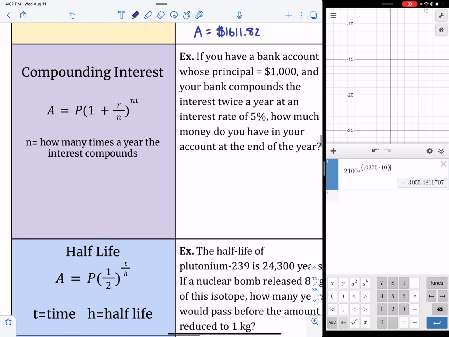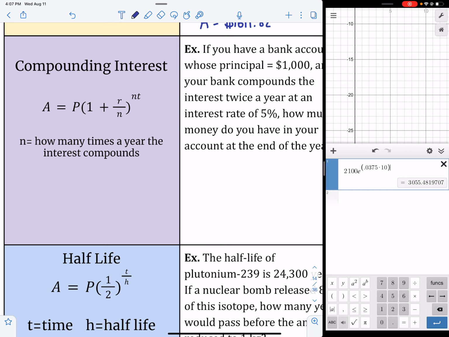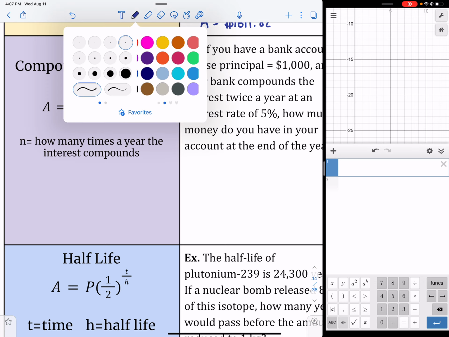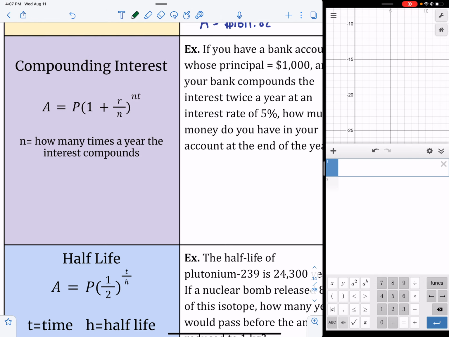So let's look at the next type of problem you might see. It says compounded interest, and N is how many times a year the interest compounds. And then there's different values for N. So for instance, if they say that it compounds biannually or semi-annually, that means twice a year.